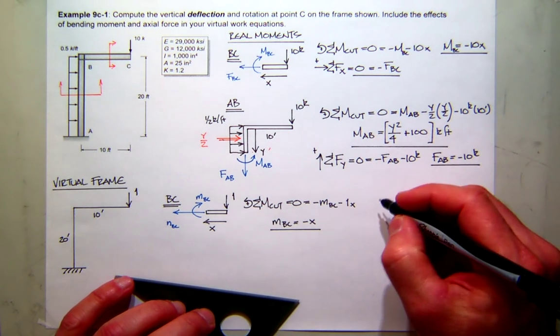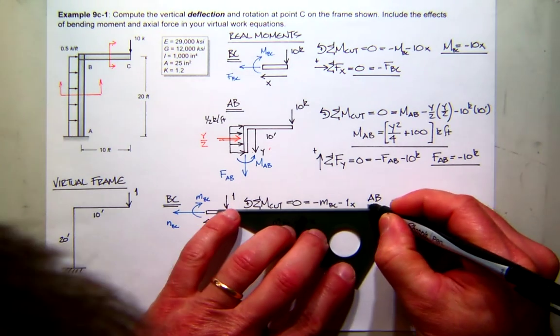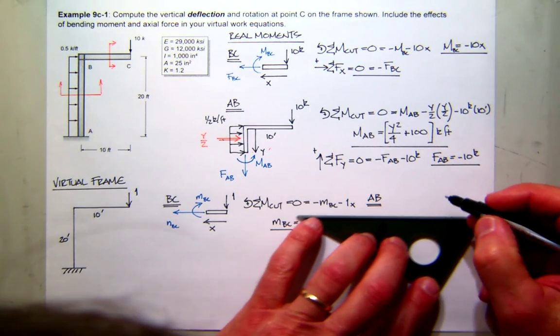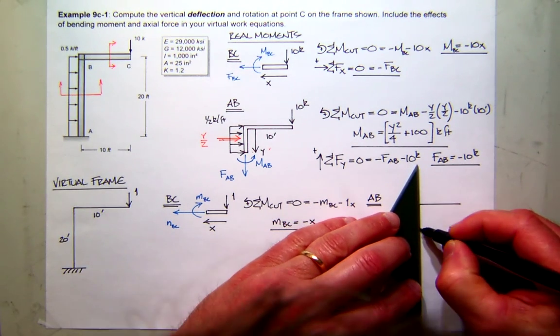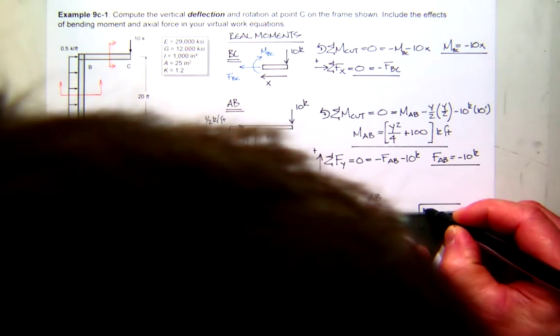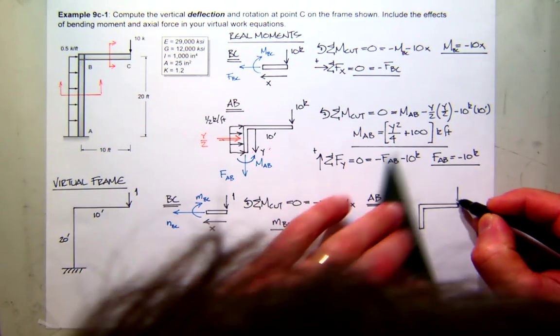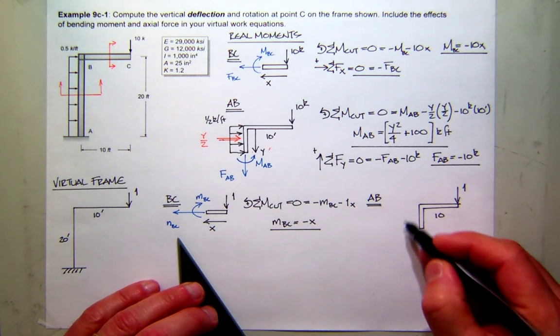All right, see if I can squeeze this in here. So here's AB, section AB. And there's the section. I have my virtual load of 1 at a distance x. There is no horizontal force.